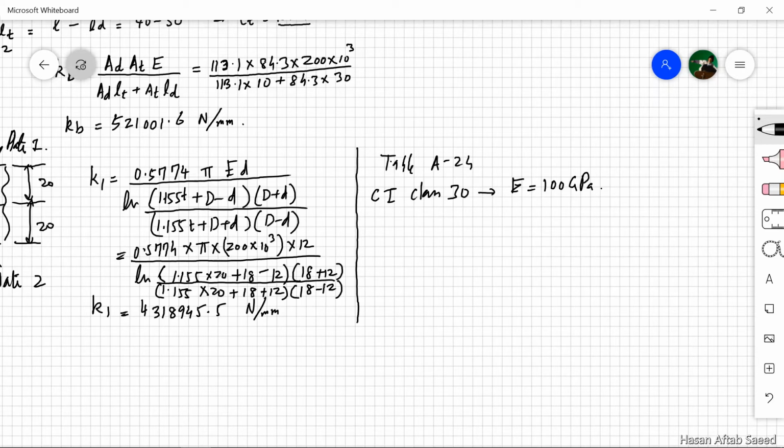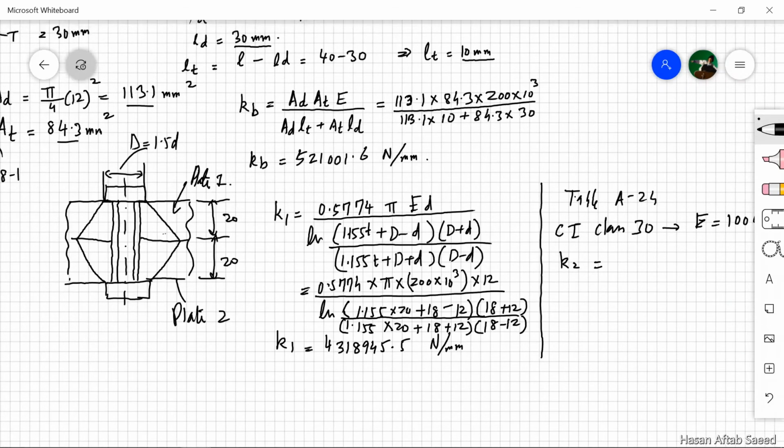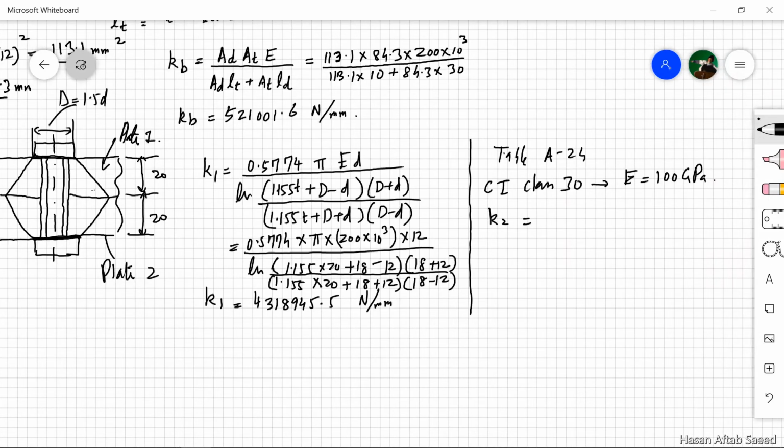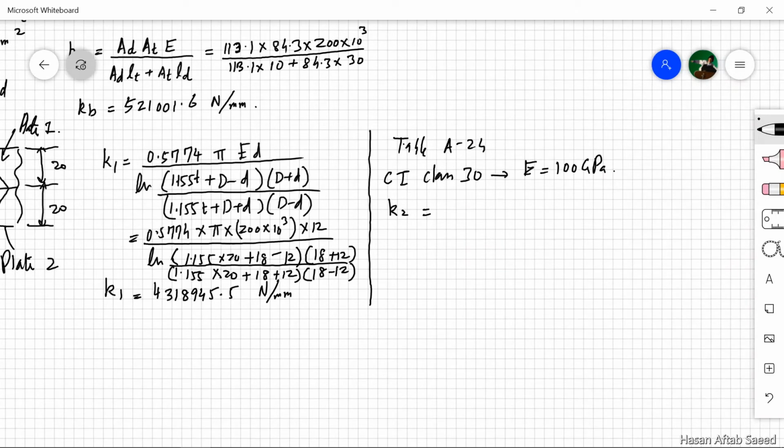So K2, you don't need to go into all, because all the other dimensions are the same. In this case, the big T will be this one, but how is it different from this T? There's no difference. So everything else is the same. So it's very easy for us.